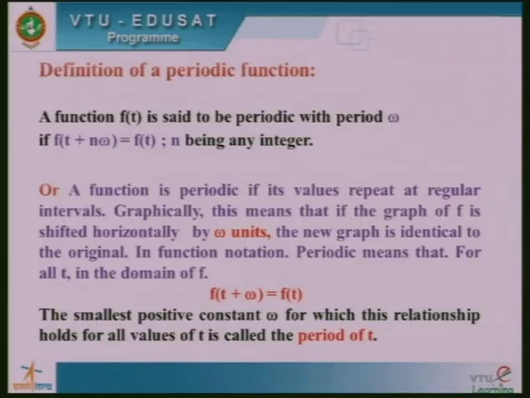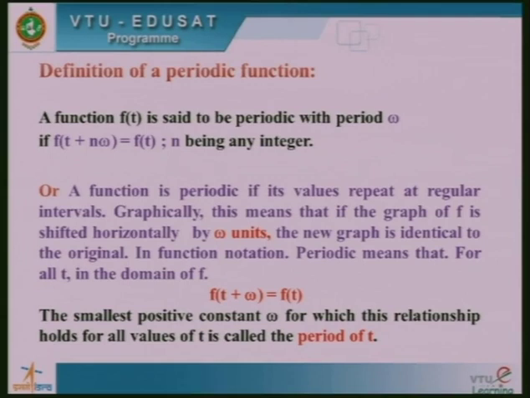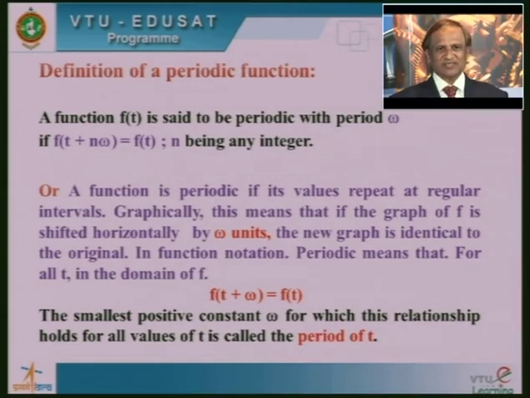A function f of t is said to be periodic with the period omega if f of t plus n omega is equal to f of t, with n being any integer. We can say that a function is periodic if its values repeat at regular intervals.